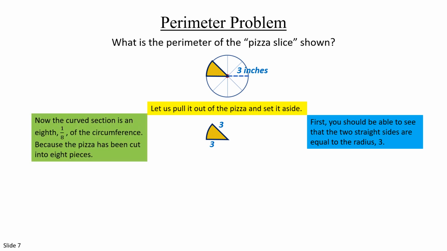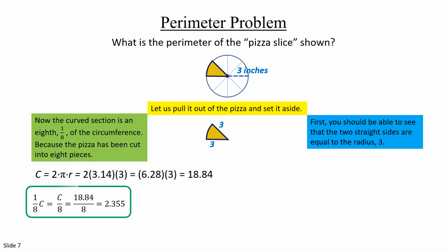The curved portion is 1/8 of the total circumference because the pizza has been cut into 8 pieces. So we first find the circumference. The circumference is 2 pi r, which is 2 times pi times r, 2 times 3.14 times 3, which is 6.28 times 3, or 18.84.